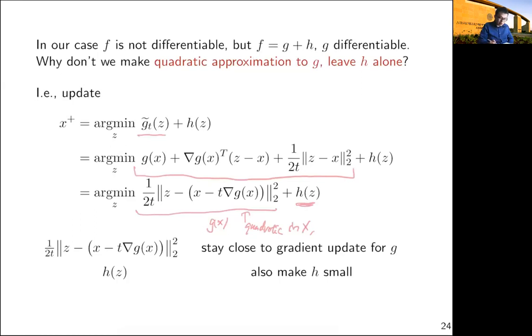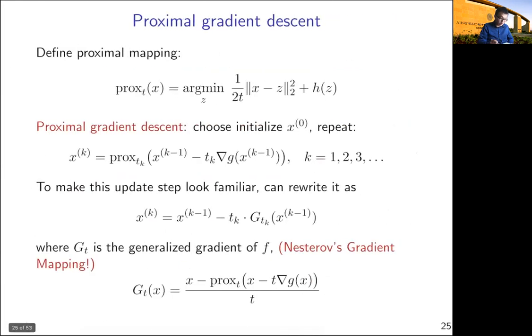This is closely related to gradient descent. You can think about this algorithm as taking two steps: you first move along the gradient direction, before you solve this quadratic optimization problem.